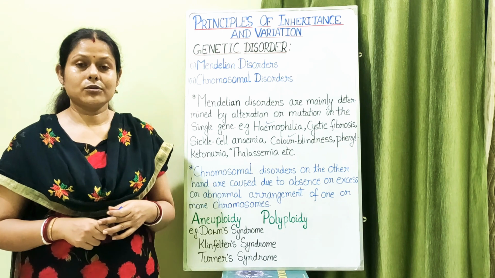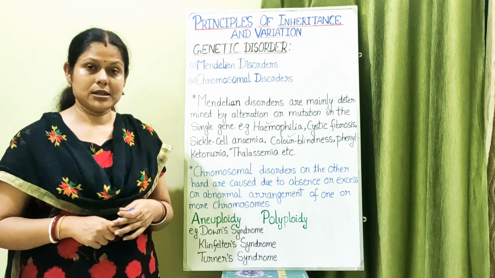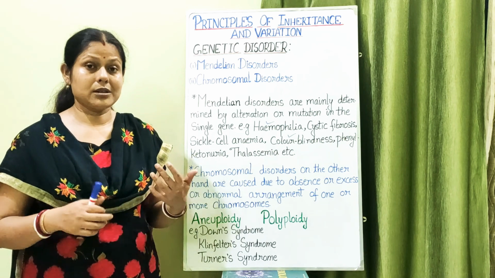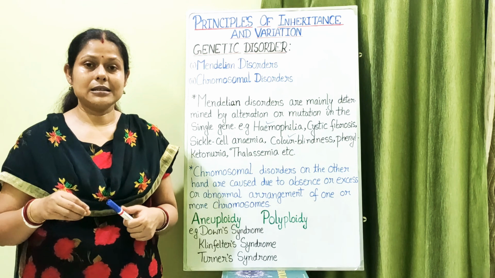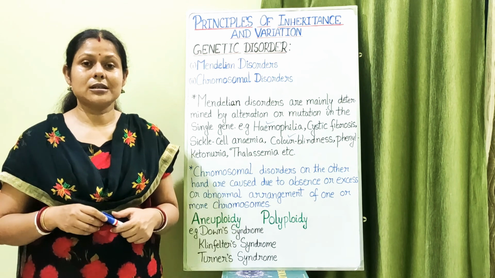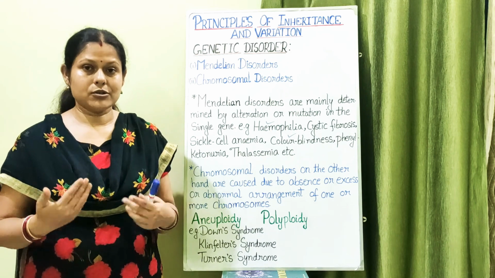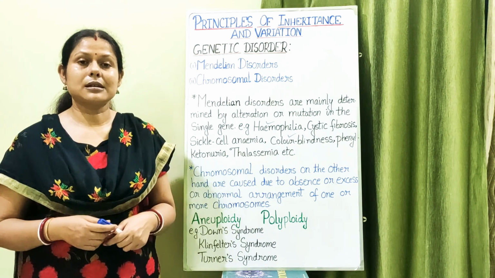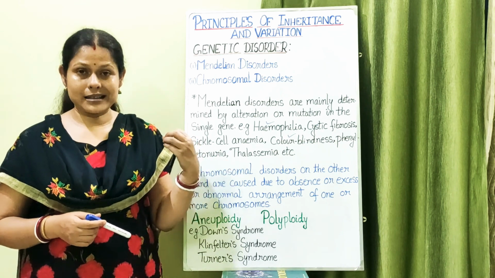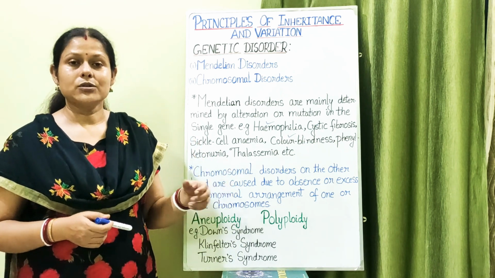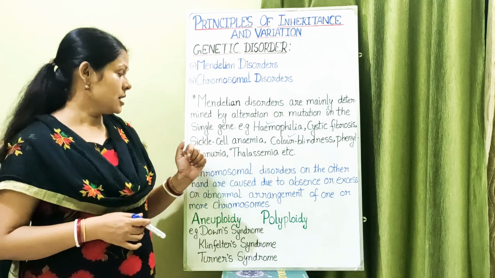But in the homozygous condition, phenylketonuria is a disease in which extra deposition of phenylalanine takes place in the tissue fluid, resulting in mental retardation and physical abnormalities, and the excess phenylalanine is also passed in the urine of the person. So these are all the abnormalities related to phenylketonuria.